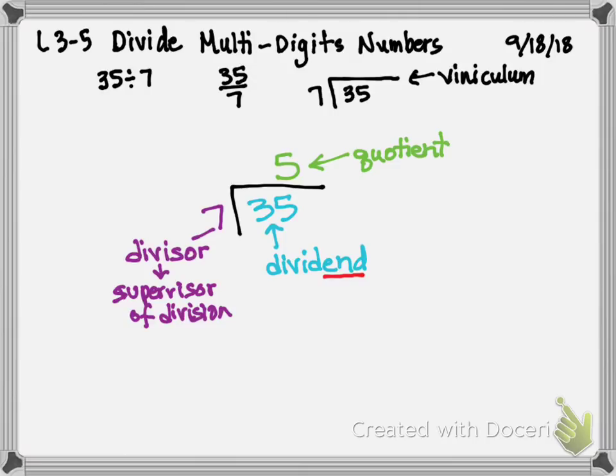Estimation is very helpful. Estimation helps understand if the answer is reasonable.